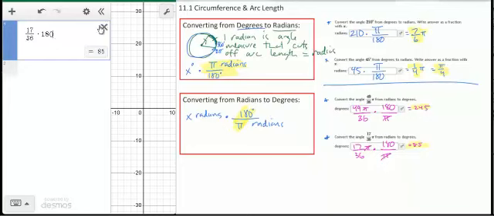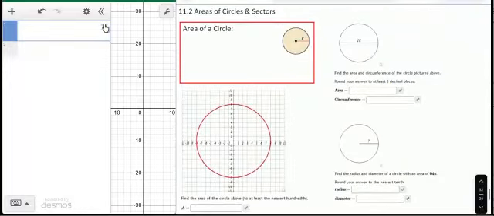11.2 is going to extend to finding the area of a circle, which you should be familiar with. The area of a circle is pi r squared. Again, it's a pretty common formula you've probably been working with for a while.